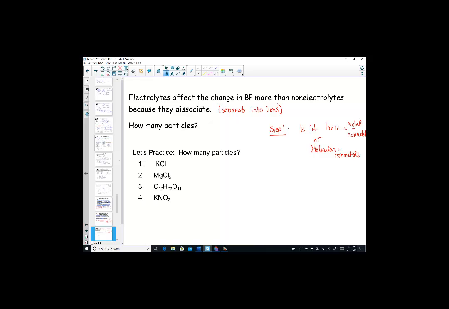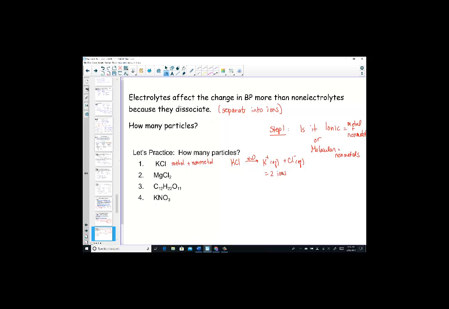So when we practice that, KCl, for example: K is a metal. It's on the left side of the periodic table. Chloride is a nonmetal. It's on the right side of the periodic table. KCl is an ionic compound. When it's placed into water, it separates into aqueous ions. You get a potassium ion and a chloride ion. This gives us a total of 2 ions in solution.